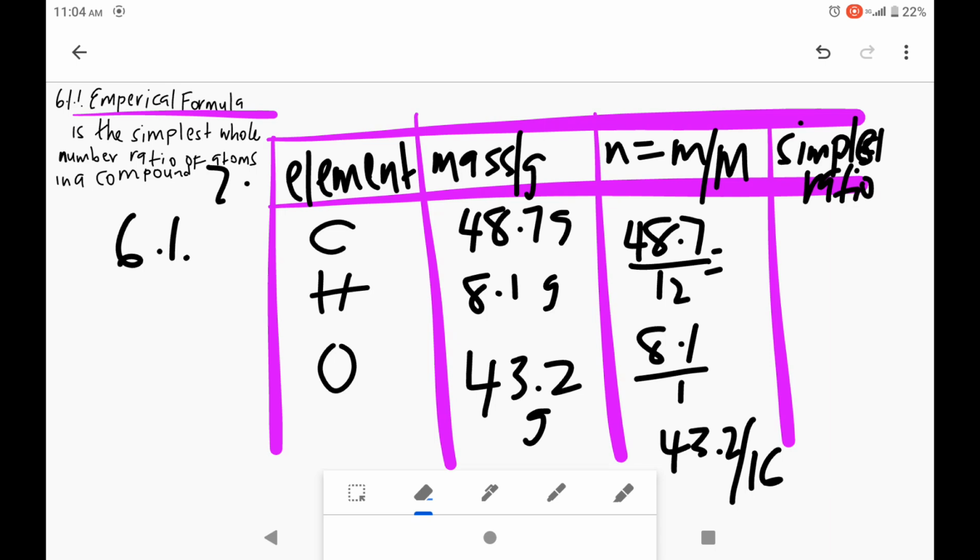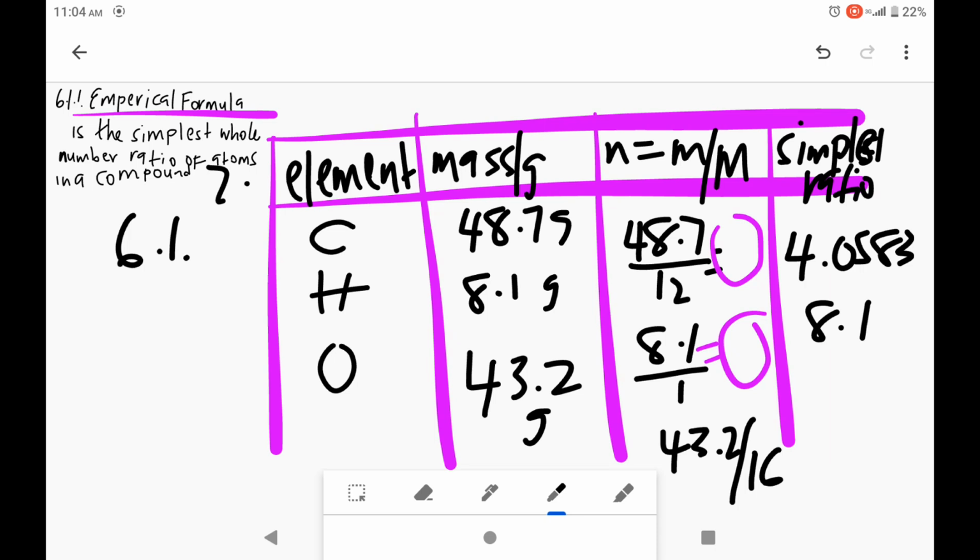Actually, I don't have to write this here. I need to calculate the number of moles and fill them in here. So I'm going to have 4.058 moles for carbon, and for hydrogen I'm going to have 8.1. For oxygen I'm going to have 2.7.